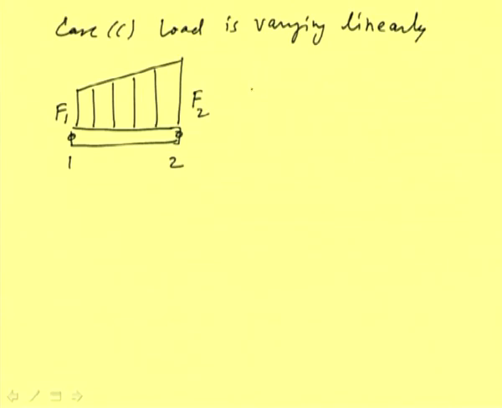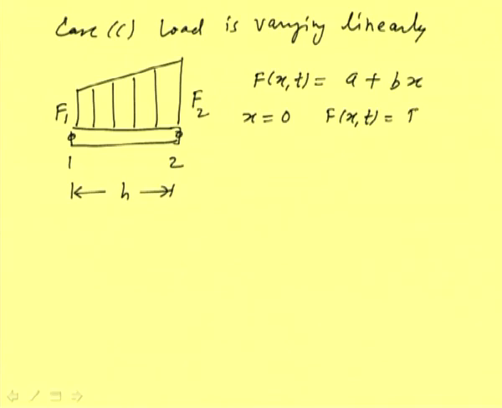Because the force is varying linearly with the element length, we can write this as a linear function, f(x,t) = a + b x, where a and b are some other constants, not related to the previous a and b. We have the boundary conditions that at x equal to 0, f(x,t) is F1, and at x equal to h, f(x,t) is F2.